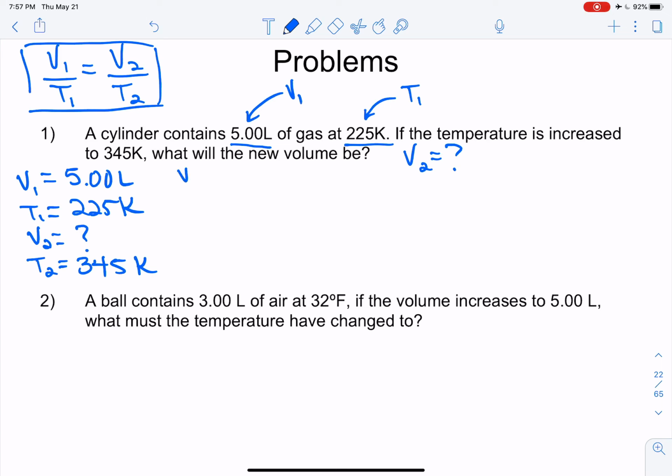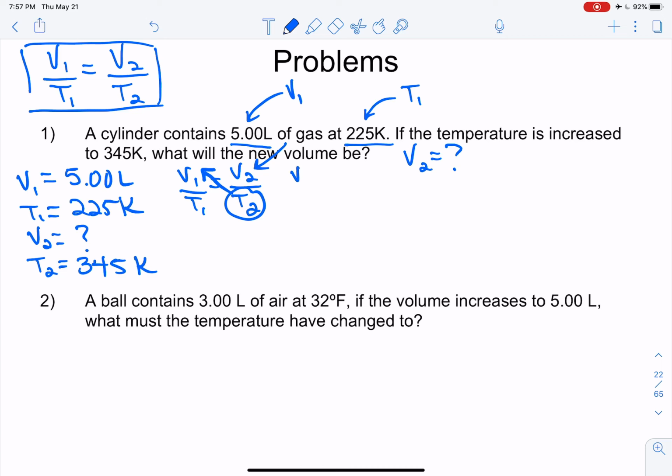So let's go ahead and write the equation again, because the more times we write the equation, the more it gets in our head, and that's awesome. So we're solving for this variable right here, so we have to get it by itself. And we can multiply both sides by T2 and then cancel out the T2s on the right-hand side. Or you can just do the magic of algebra, which is that things can move diagonally across an equal sign all day long, and it's completely legal.